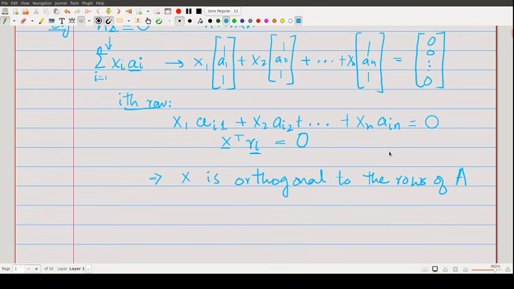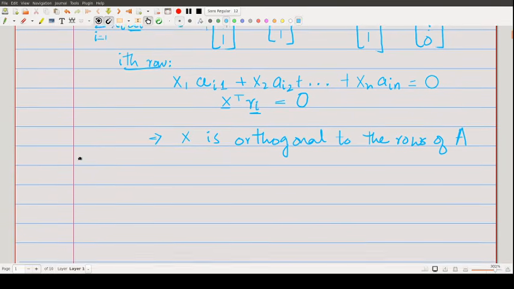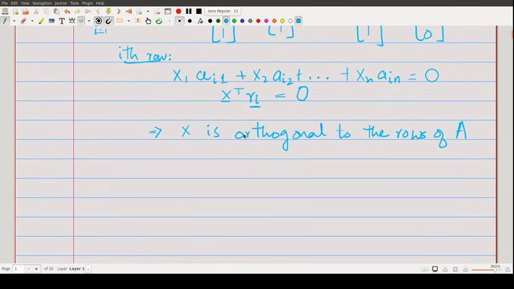It means that if x is orthogonal to any row of A, it's also going to be orthogonal to a linear combination of rows.